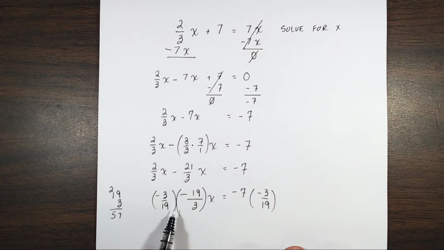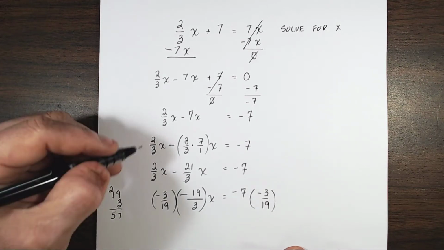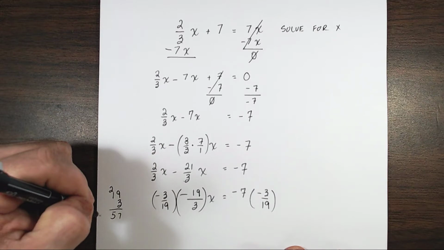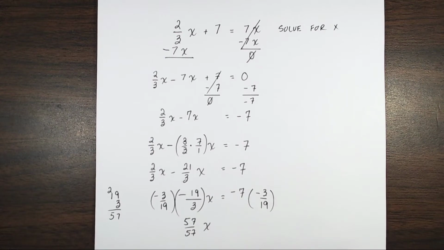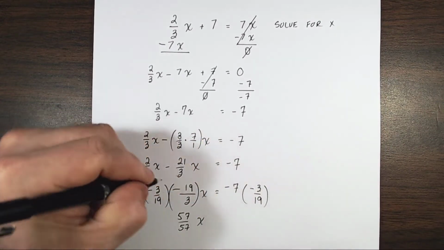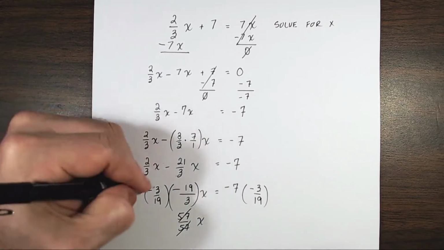Okay, well that's also 57. Okay, so I end up with 57 over 57x on the left, and this goes to 1. 57 divided by 57. So you see how they cancel out.